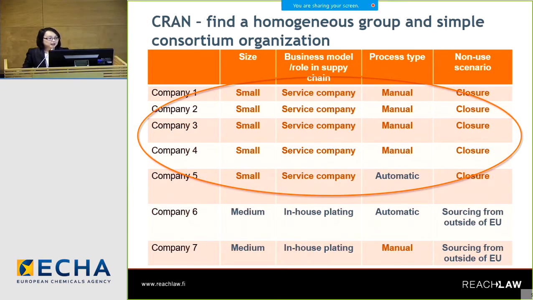So this is one way we organize, by doing a scoping study and putting companies together based on very strong AoA arguments which they share. And that was the route for everything else.